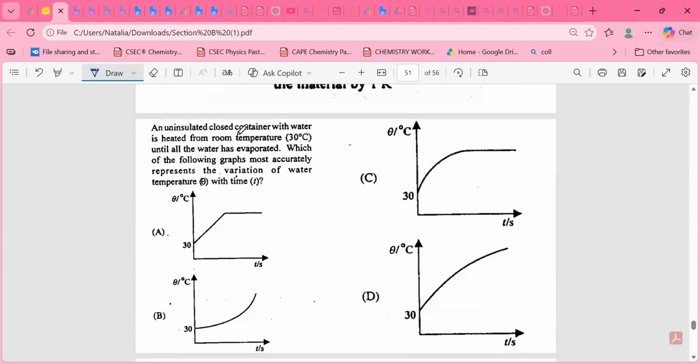An uninsulated closed container with water is heated from room temperature 35 until the water has evaporated. Which of the following graphs most accurately represents the variation of temperature with time? So there's a phase change. It's a heat curve. The only curve I'm seeing here with the horizontal section would be C.